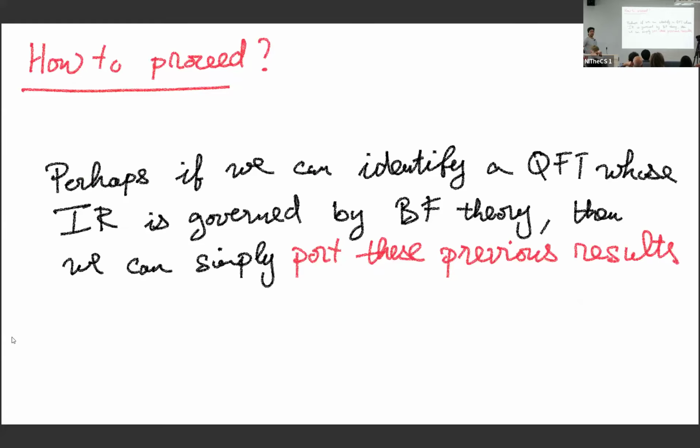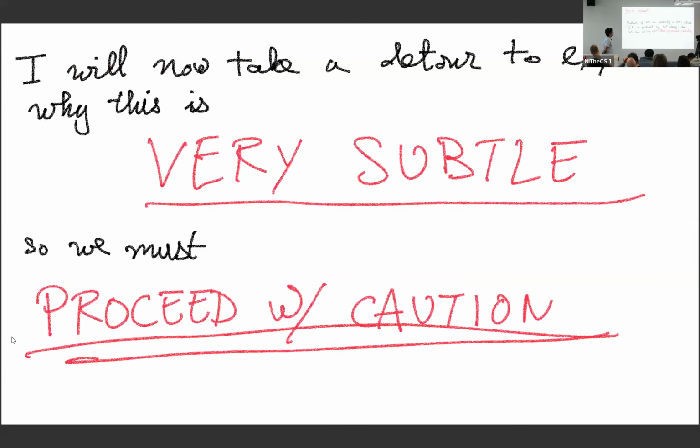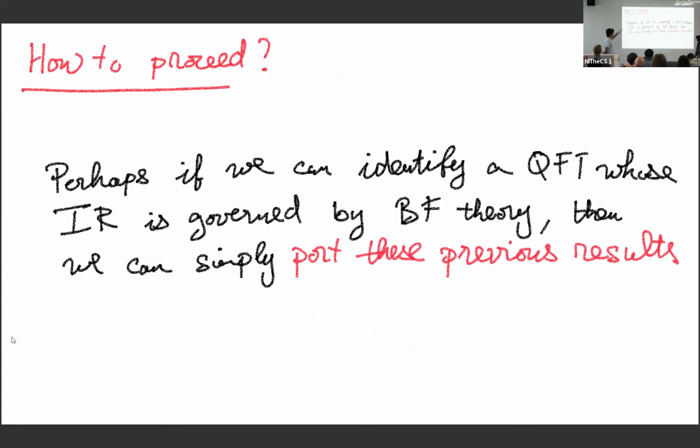Okay, so how do I convince you that actually we can port these lessons to something that is actually reasonable for de Sitter? I want to read this slide out loud. Maybe we can identify a QFT that in the IR is governed by the same physics, but in the UV is different, right?